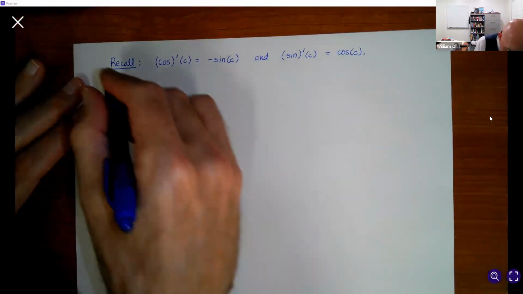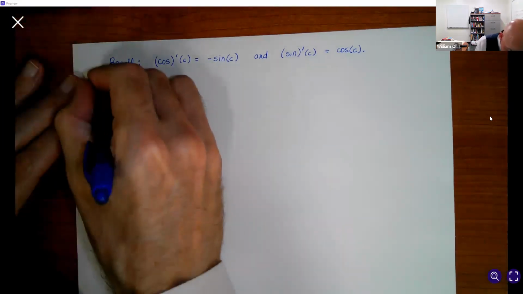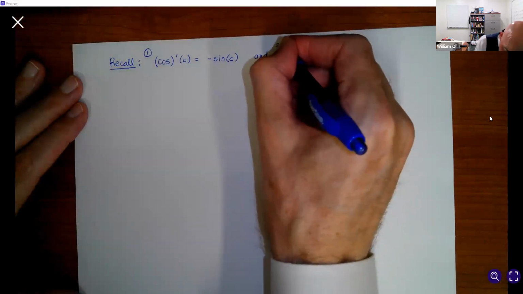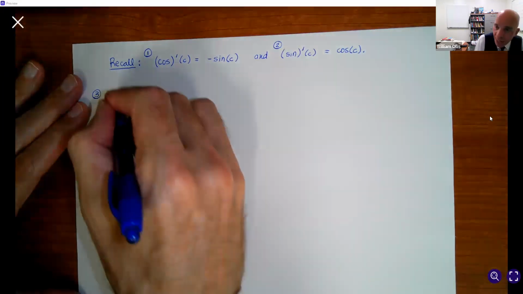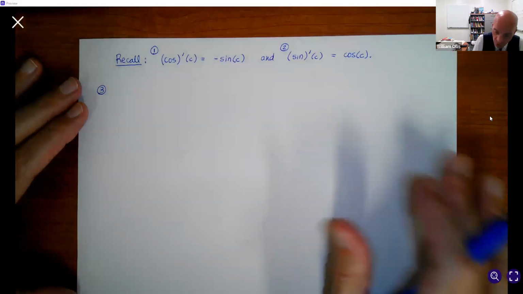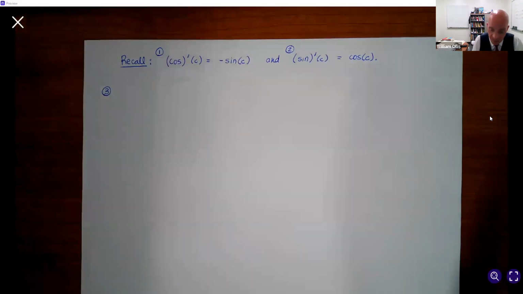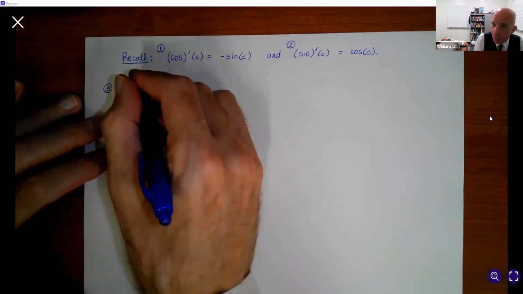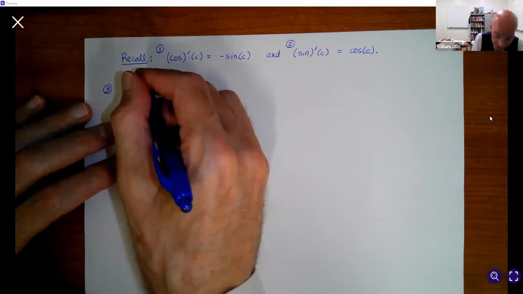So now let's go ahead and look at the other derivatives. We'll call this 1, and we'll call this 2. And then 3, we'll write down the tangent. I'll write down the other ones, and then we'll show how we can actually get some of these derived with the quotient rule. And the ones we don't do, please look through those and verify to yourself that they are indeed correct.